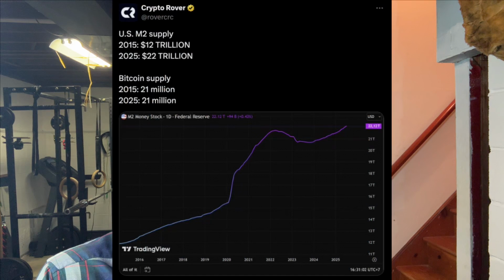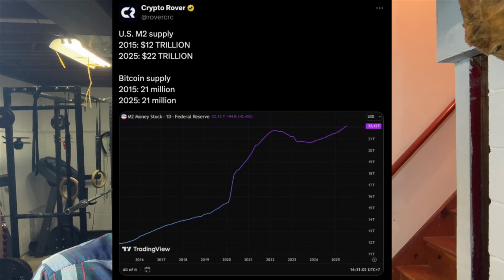So over the last decade or so, or even 5 years, Bitcoin has outperformed essentially every asset, right? Now, if you look at this chart right here, obviously it shows you the M2 supply we talked about before. From 2015, the US M2 money supply, this is just the US, by the way, not global, went from 12 trillion to 22 trillion, essentially doubled over the last 10 years.